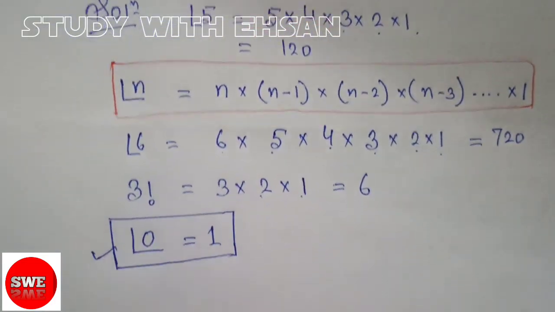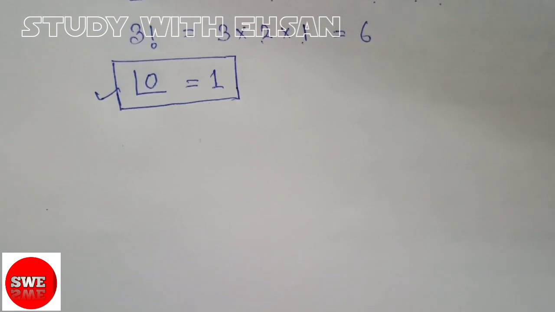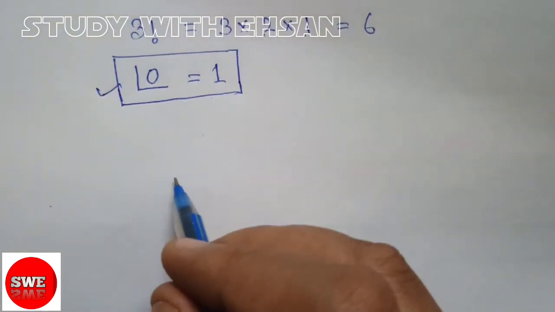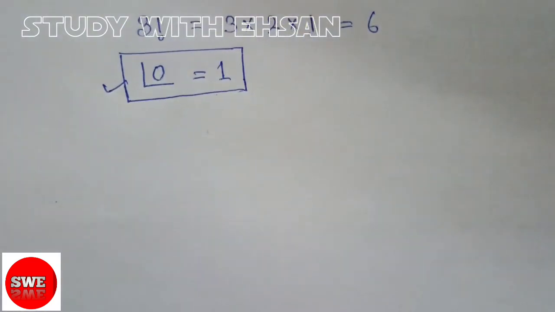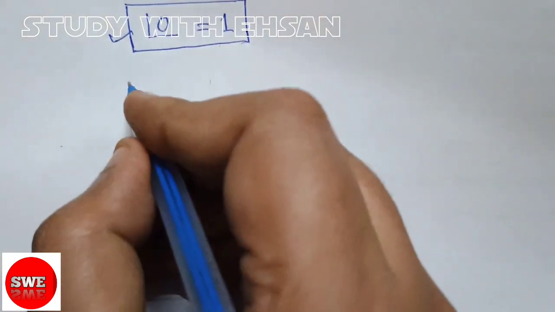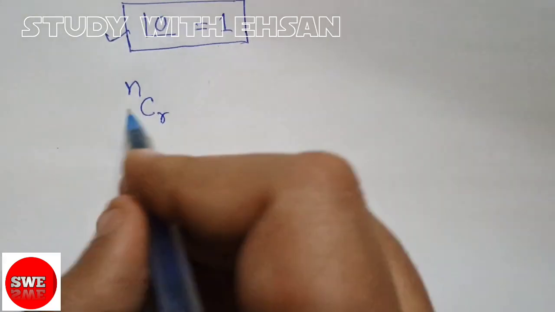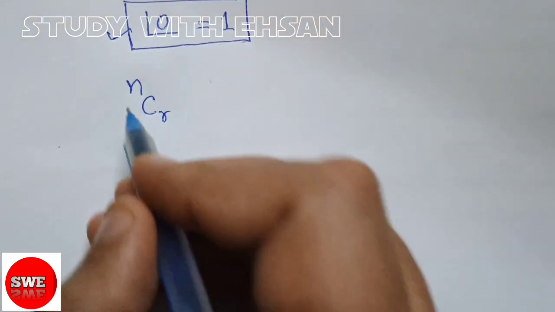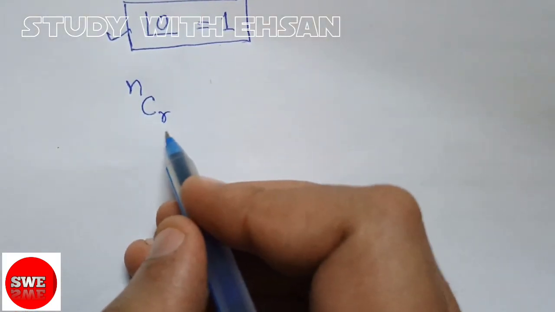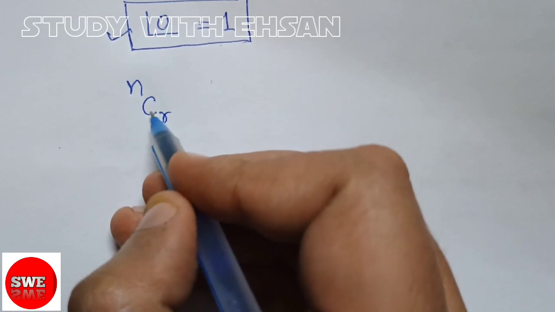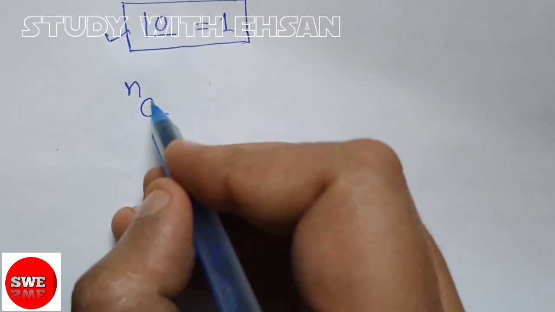So factorials were very important to understand at this point, and now I am going to tell you how to find nC0, nC1, nC2. And first of all, what is nCr? In nCr, n objects are there, you are going to select r objects at a time, and C stands for combination.